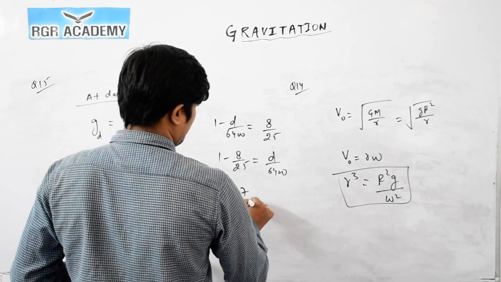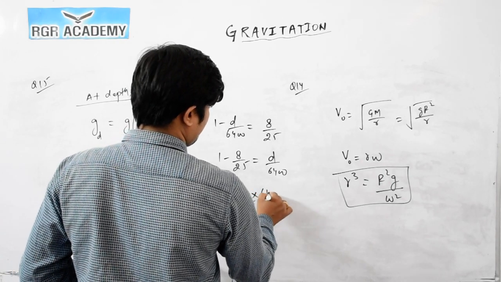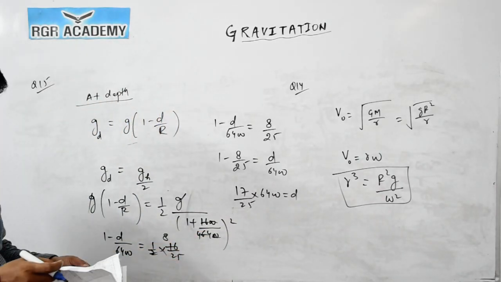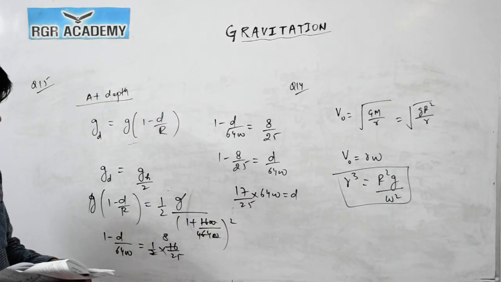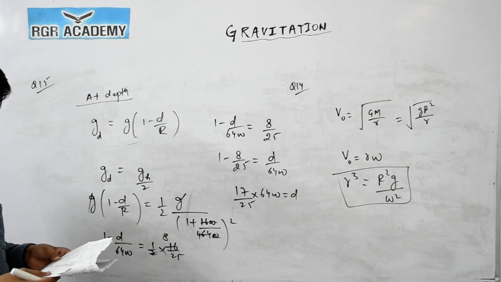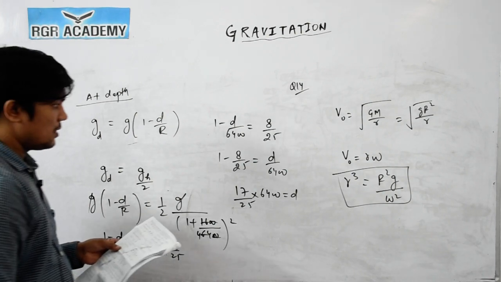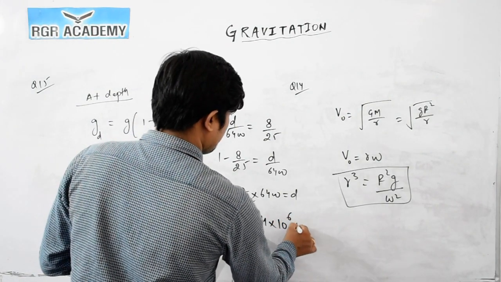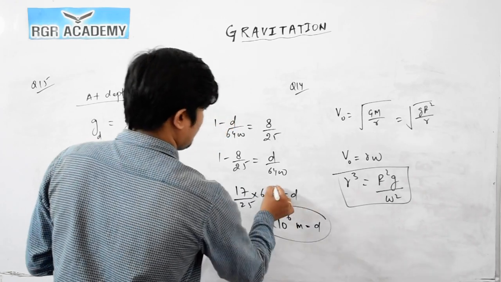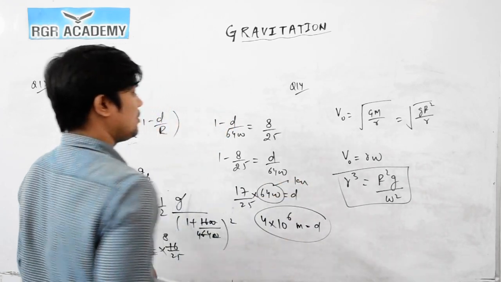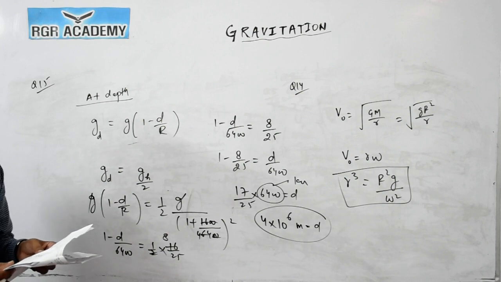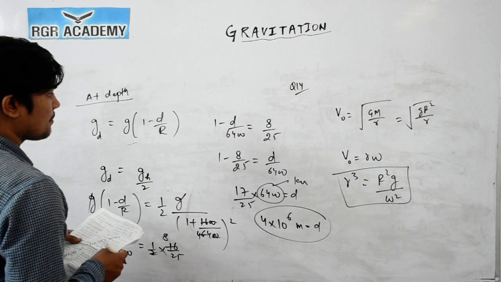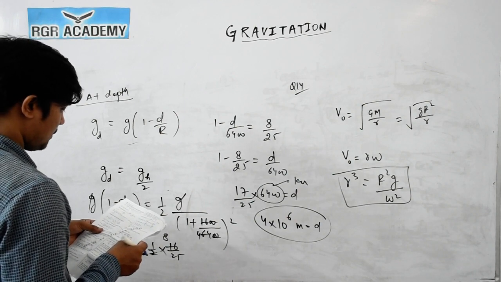So 17 by 25 into 6400 equals d. Looking at the options for question number 15, option number 2 will match, that is 4 into 10 to the power 6 meters. This value is in kilometers, so we have to convert into meters to get the answer.